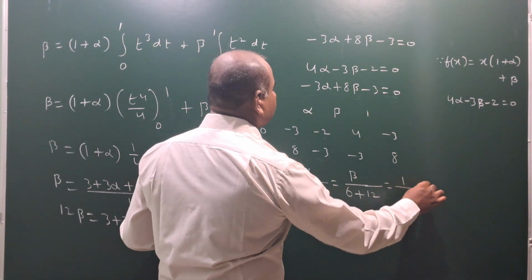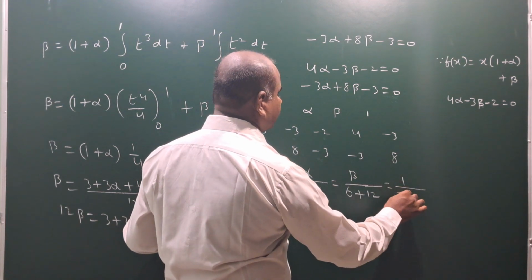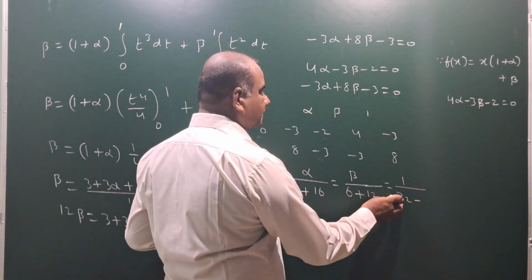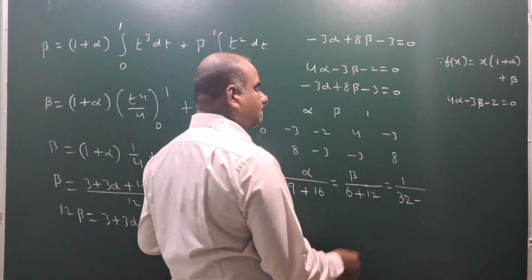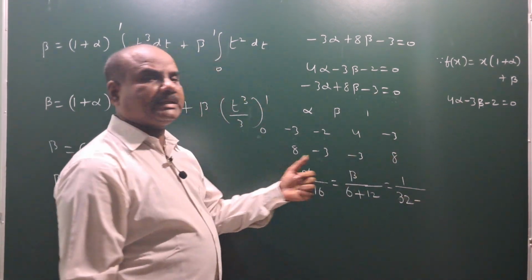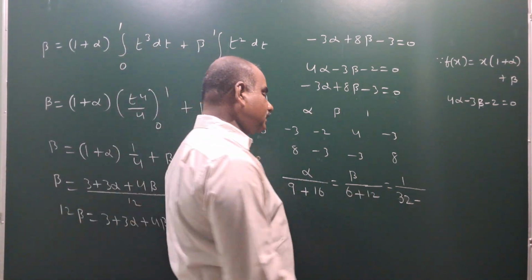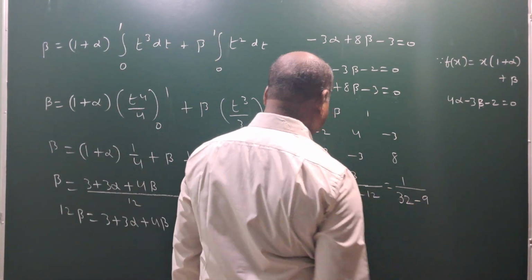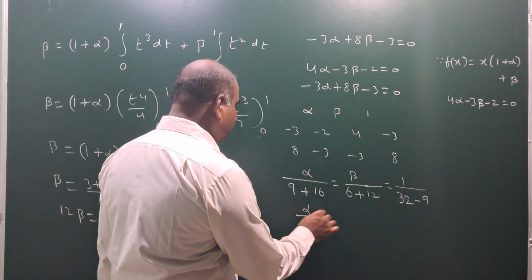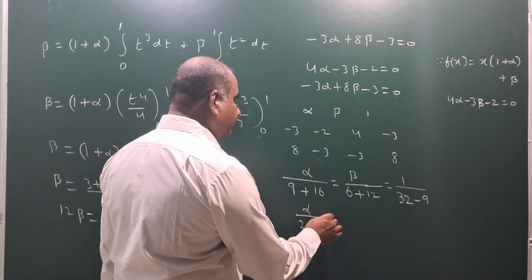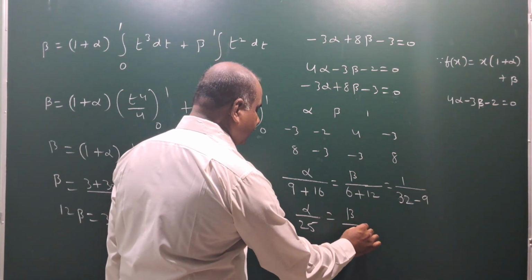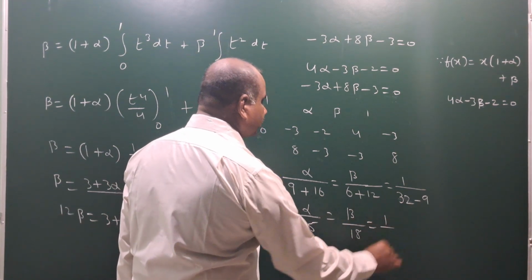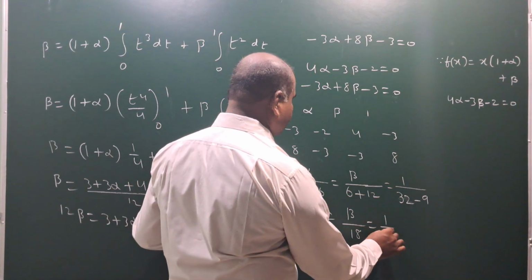We get 1 by 4 into 8 is 32, minus minus 3 into minus 3 is plus 9. So alpha by 25 is equal to beta by 18 is equal to 1 by 32 minus 9, we get 23.